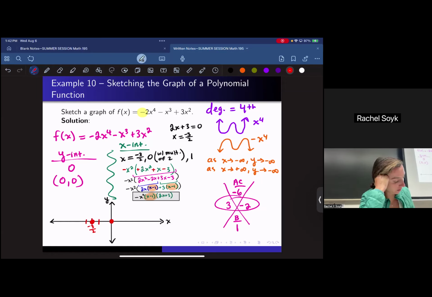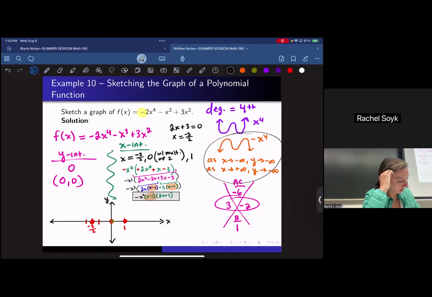And then we have 1. And the multiplicity is going to be at that 0, so it's going to have a bounce off over there. And then the sketch is going to look like what we have over here in orange.